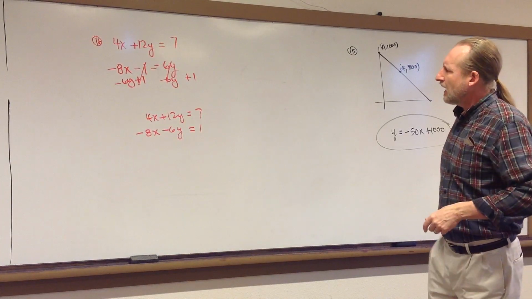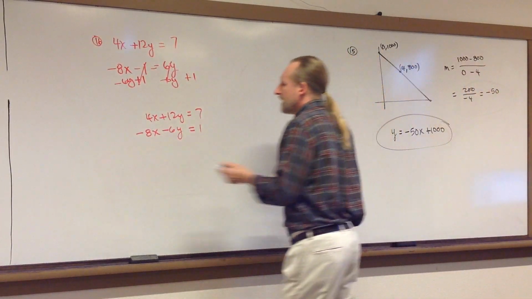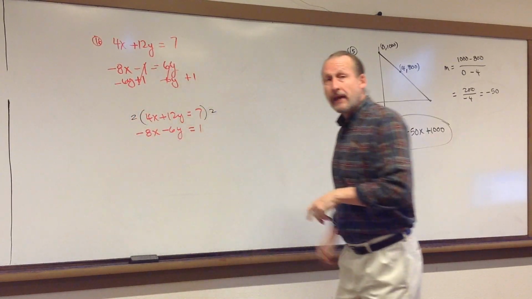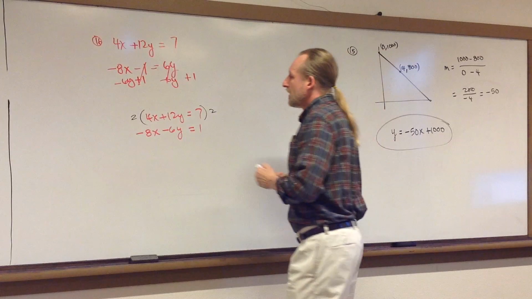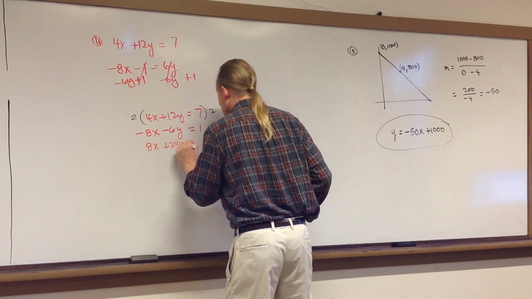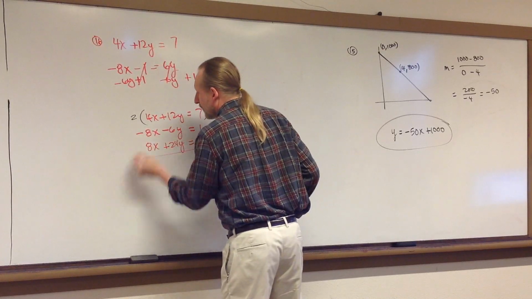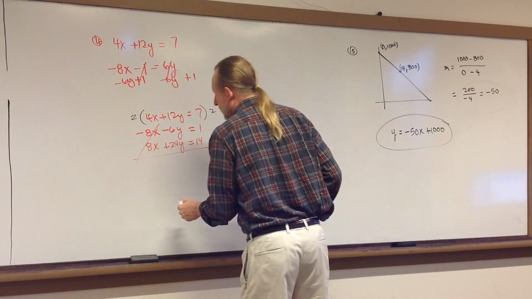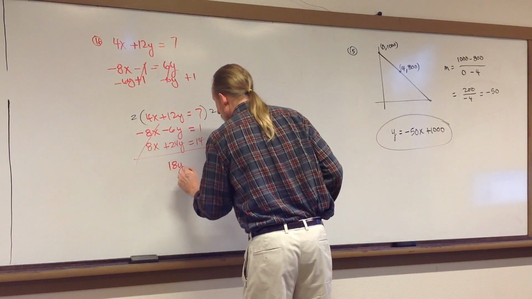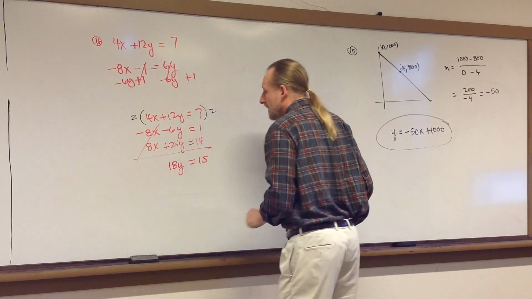I think I'll multiply the top equation by 2 on both sides, and so that'll cancel out the x variable. Here we'll have +8x plus 24y equals 14. So these cancel out and make 0. Here 24 minus 6 should give us 18y equals 15.